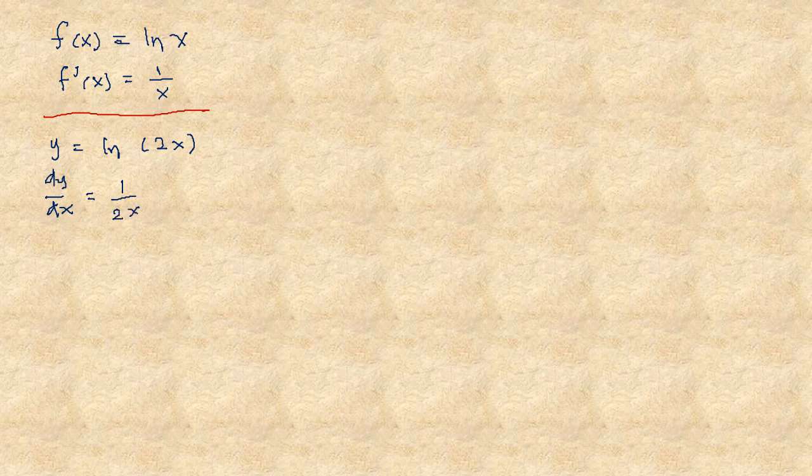But for this function, we have 2x in the bracket, so we need to multiply by the differentiation of the function in the bracket. Means we will differentiate function 2x. So we get 1 over 2x, and then multiply by differentiate 2x, we get 2. And then simplify this one, we will get 1 over x.